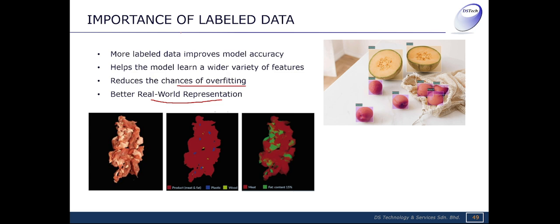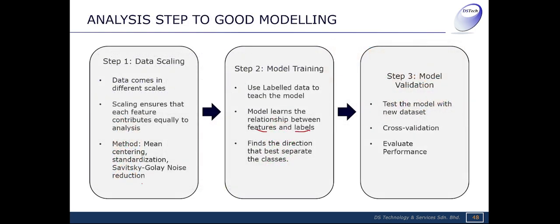I mean, your sunlight will be your illuminant, so it will tell you a different story. But because of labeling data, you might get a better real world representation. In fact, this is actually quite an important factor as well. I'm gonna go back to the slide. When you do scaling, it's important when this kind of thing happens, when you have laboratory and real world applications.